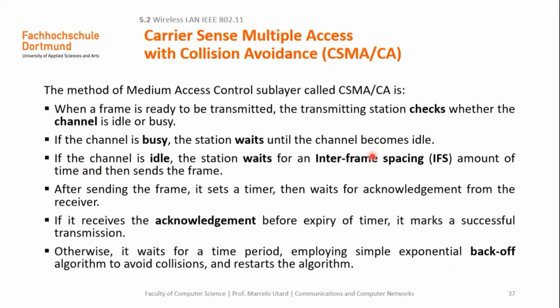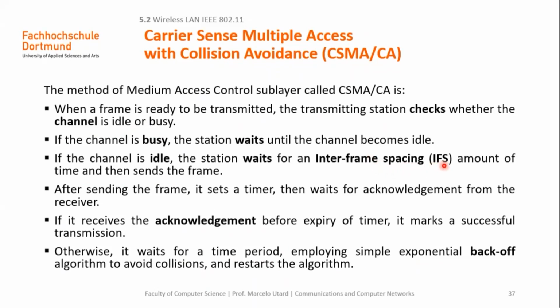Then, in fact, the CSMA-CA is a method where when a frame is ready to be transmitted, the transmitting station checks whether the channel is idle or busy. If the channel is busy, the station waits until the channel becomes idle. If the channel is idle, the station waits for a particular amount of time that is called IFS, interframe spacing, and then sends the frame.